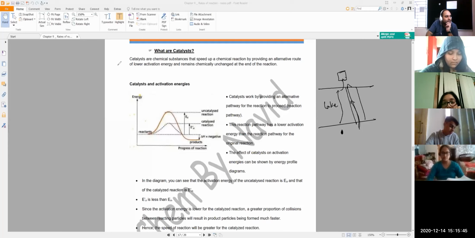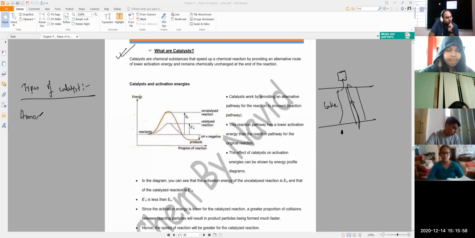So the definition you obviously know; now, types of catalyst. Homogeneous catalyst. So there's a new word, which is known as phase. Did I teach you phase?